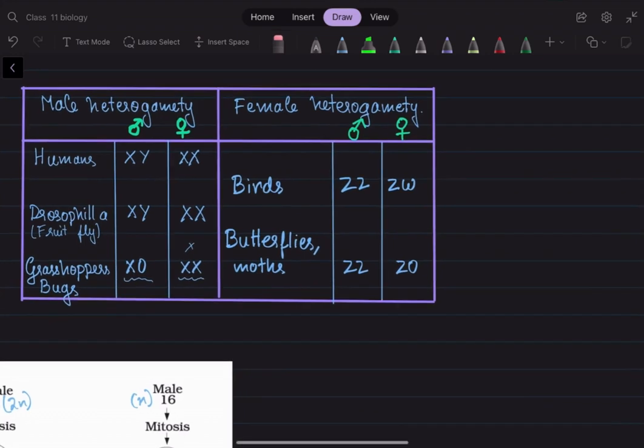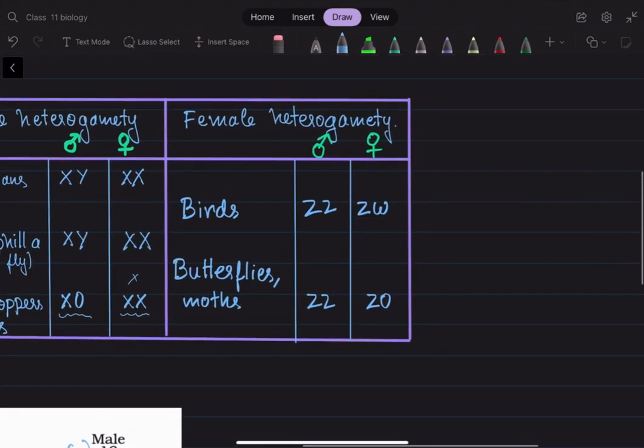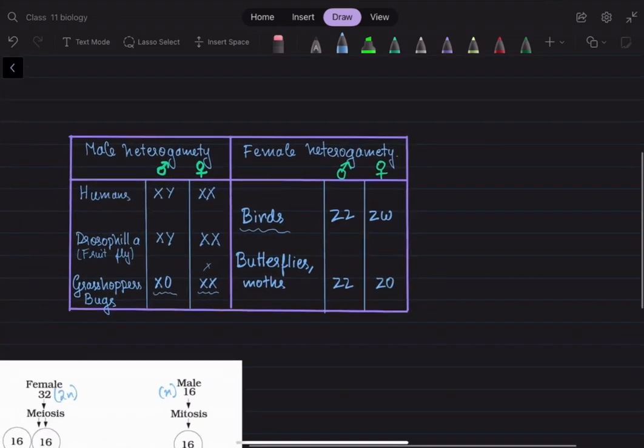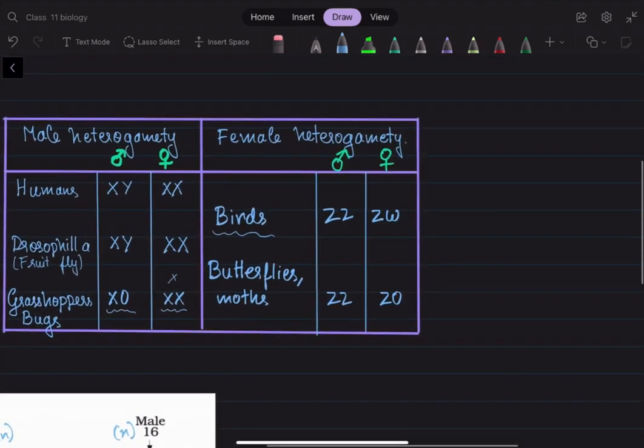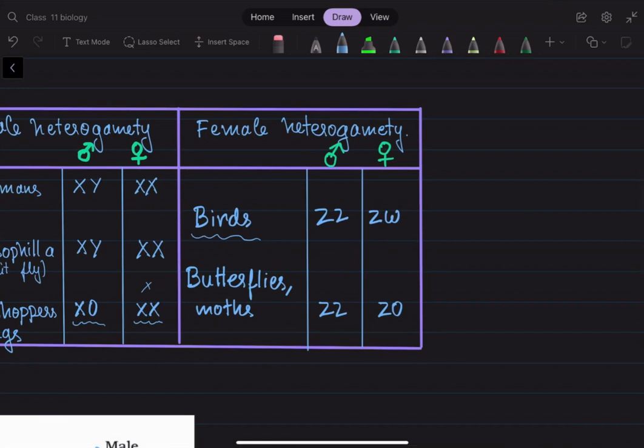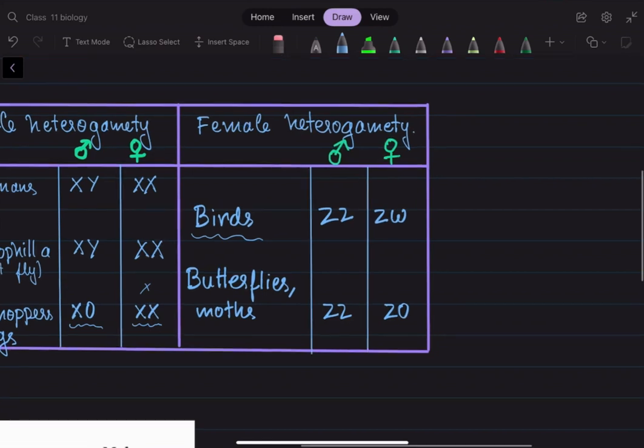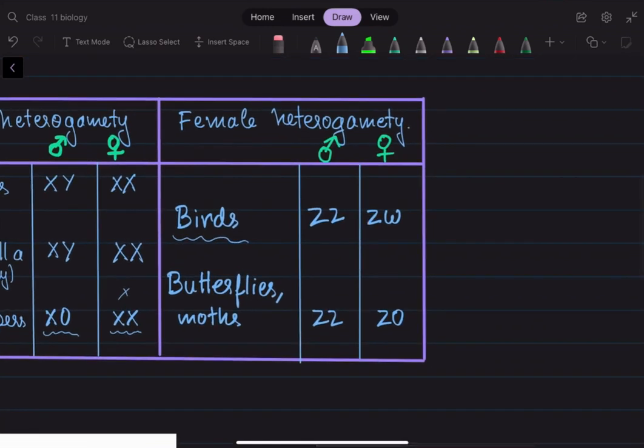So we see even female heterogamety. Female heterogamety is seen in birds. In birds, we actually don't use the terms X and Y here. We use two completely new letters, Z and W. In this case, the male has the same kind of chromosome, so it has ZZ chromosomes, and the female has different kinds of chromosomes.